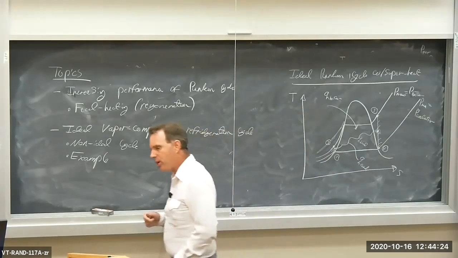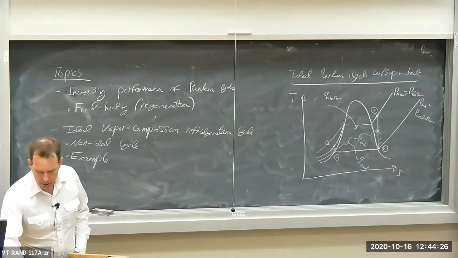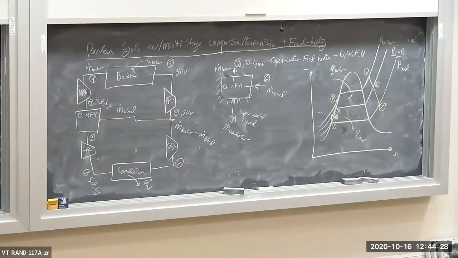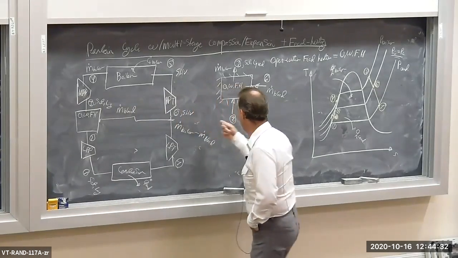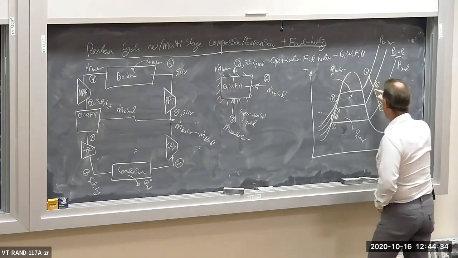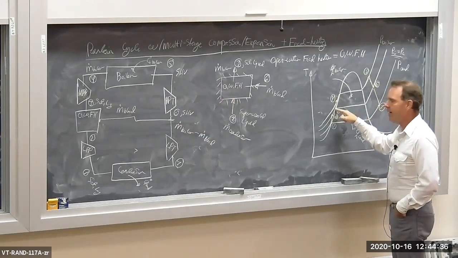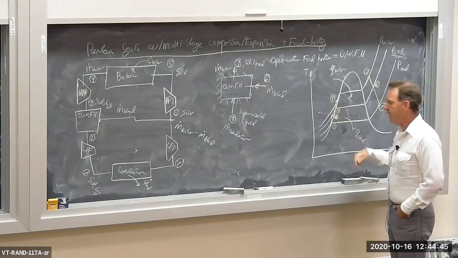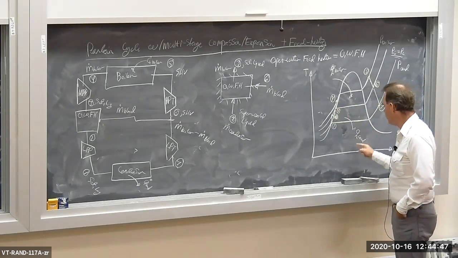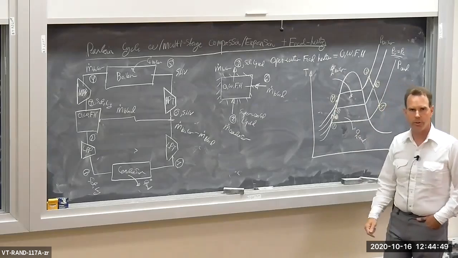So that's what this feed heating is all about: taking mass flow, or at least energy, from the hot side of the cycle, recycling some of it in the low temperature side of the cycle in the hope of reducing the amount of total heat rejected in the condenser.